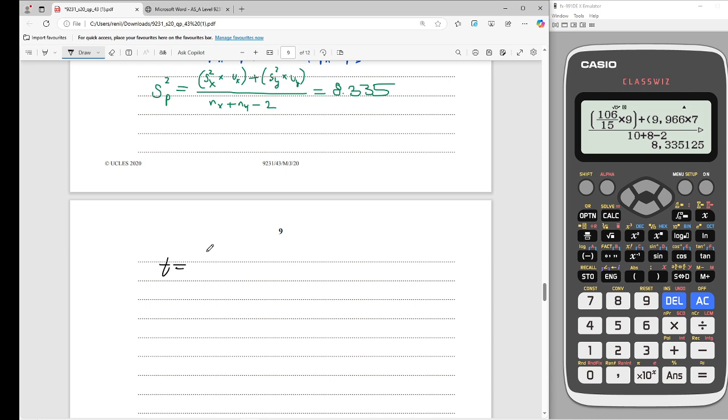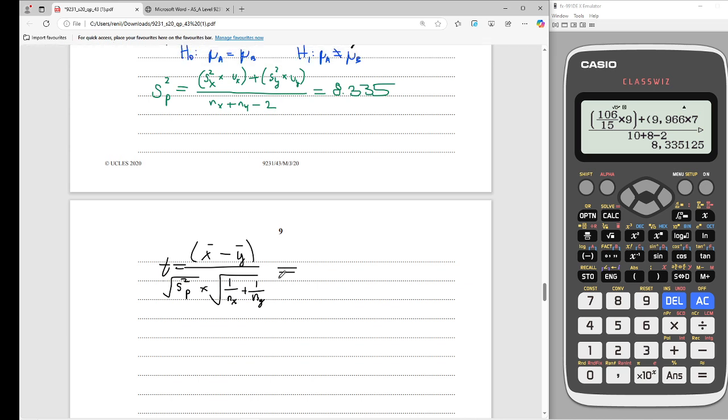Therefore our test statistic will be depicted with the letter t. t is equal to mean X minus mean Y, whole divided by the root of s²_P multiplied by the root of 1 by number of terms of X plus 1 by number of terms of Y, and that makes up our entire equation. We have every single one of these values.